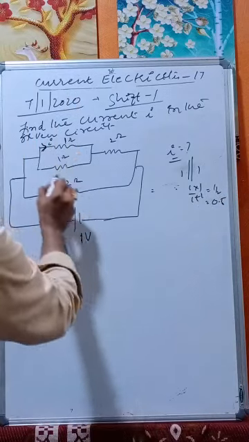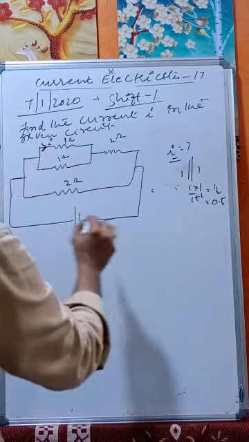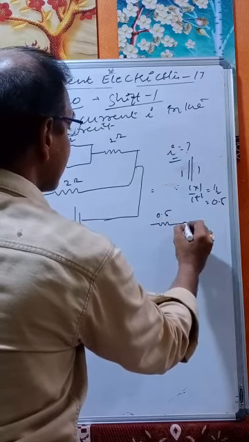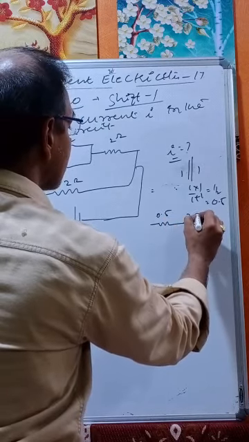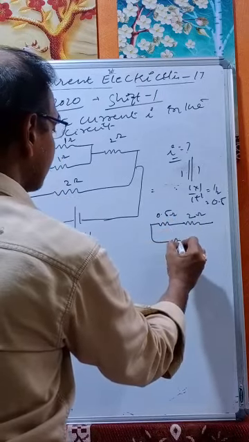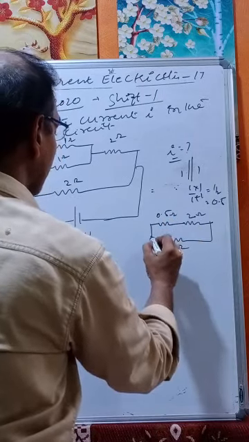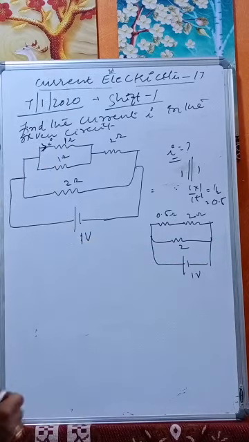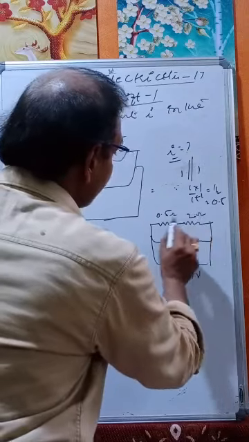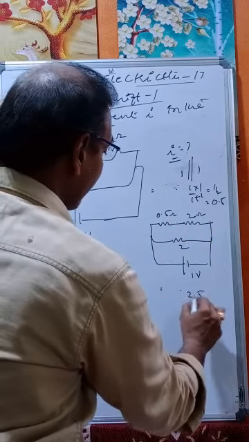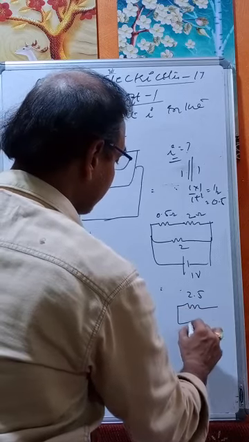The effective of this one is 0.5. This will be 0.5 in series with 2 ohms. To that one, 2 is parallel, and 1 volt is connected. These two are in series, so effective will be 2.5.